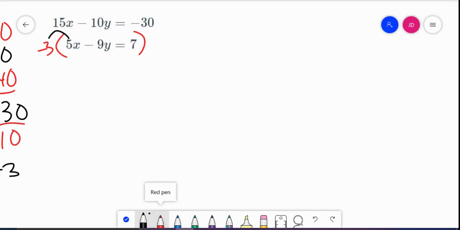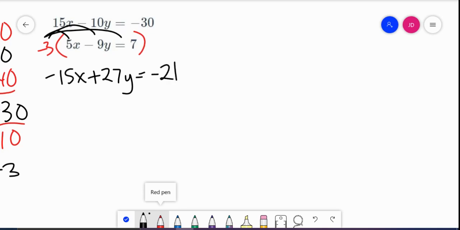So negative 3 times 5x is negative 15x. Negative 3 times negative 9y is positive 27y. Negative 3 times 7 is negative 21. And I'm just going to write the top equation right below it, just so they're nice and lined up.